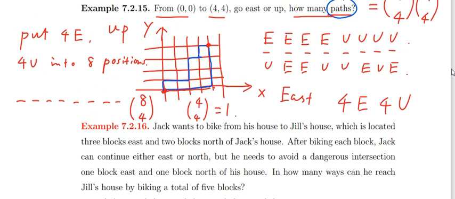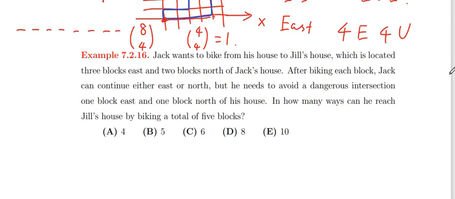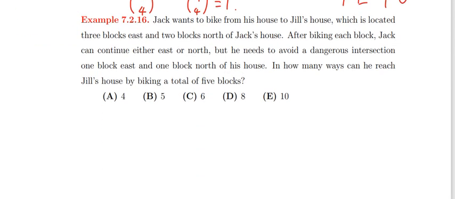So once we understand this notation and this example, we can check those problems. Like this one: Jack wants to bike from his house to Jill's house, which is located 3 blocks east and 2 blocks north of Jack's house.